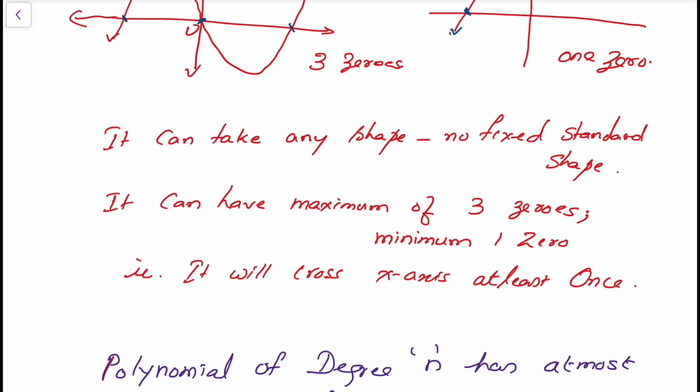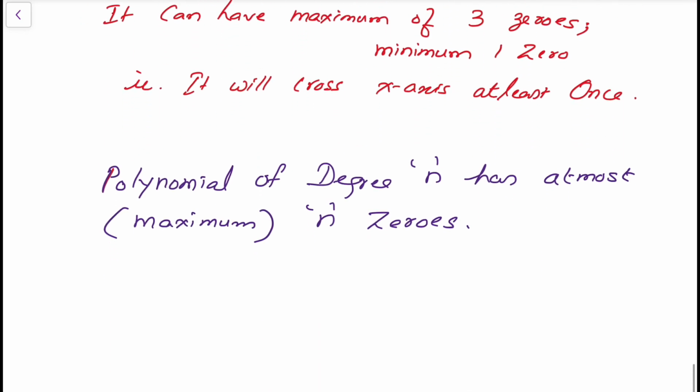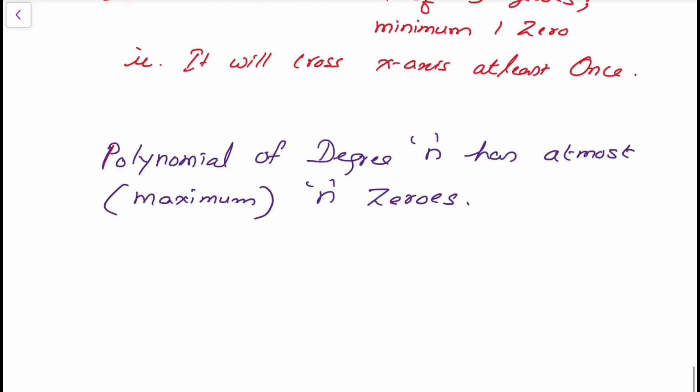But in a quadratic, you can have two zeros, 1 zero, or sometimes no zeros at all. So a polynomial of degree n has at most n zeros. This is very important, a very regularly asked question. It can have a maximum of n zeros.